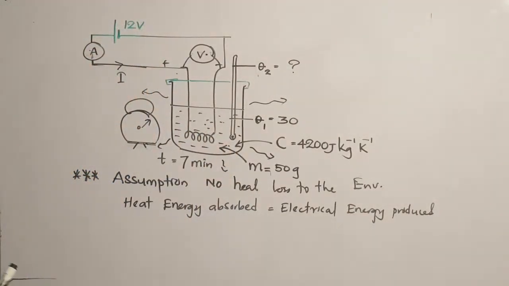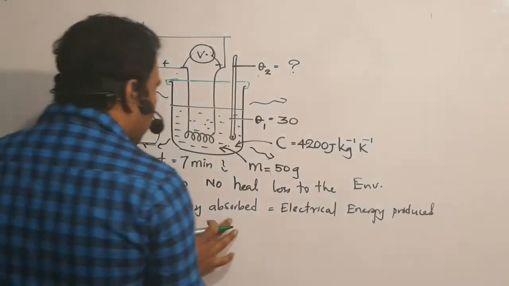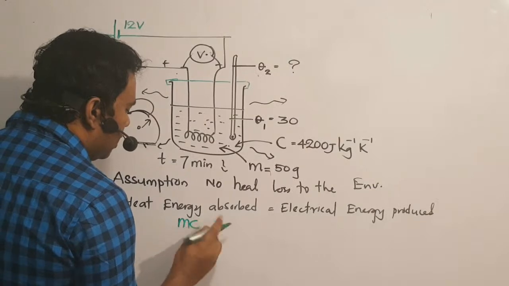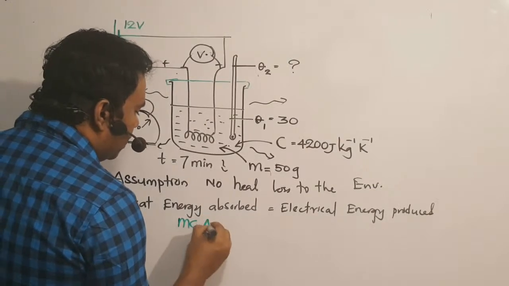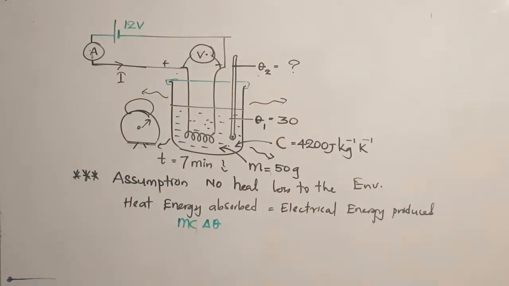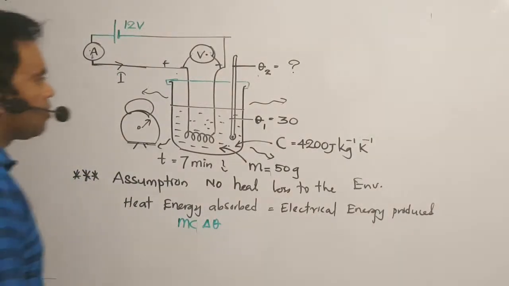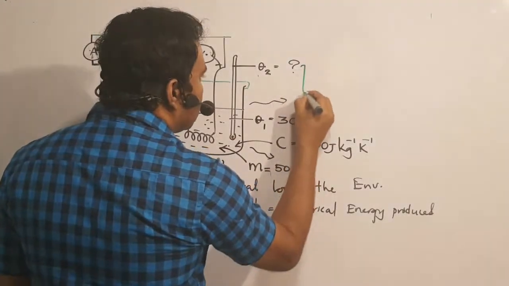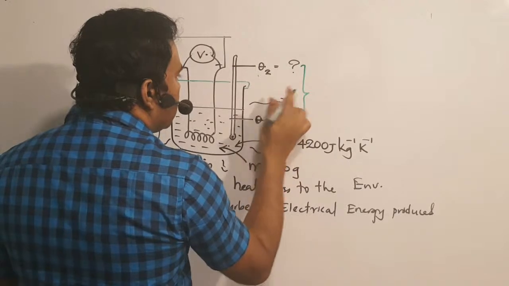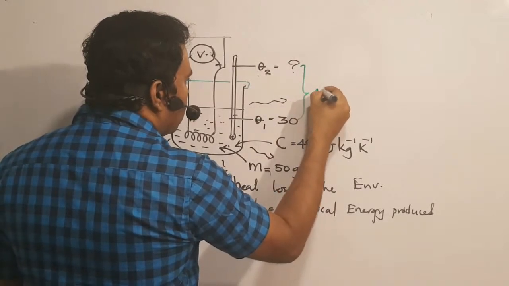Okay, let's substitute the value. Heat energy absorbed equals mc delta theta. So mc delta theta means temperature change. Look at this, temperature change. So temperature change is delta theta.